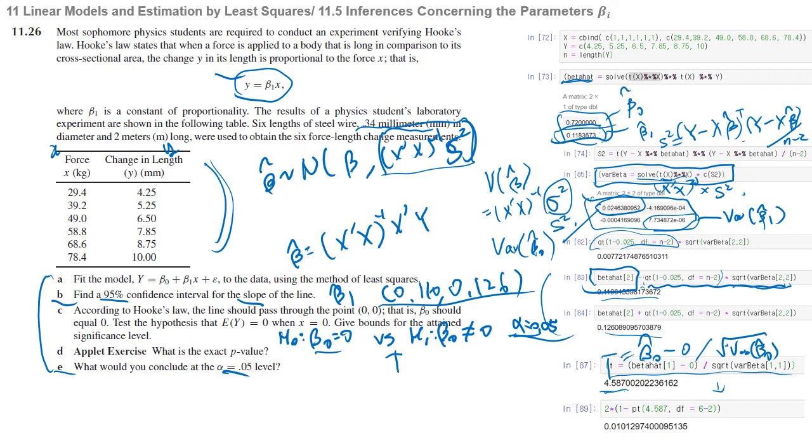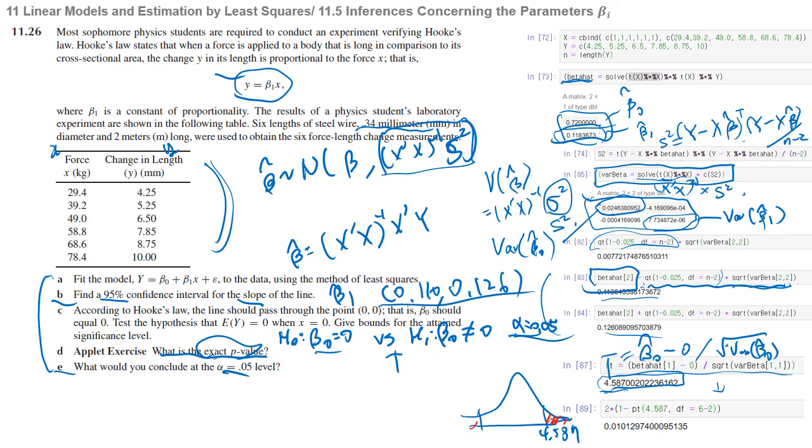Rather than that, I calculated the exact p-value. If you calculated the t-statistic, you can calculate the exact p-value. Here is 4.587, and the p-value is for the two-sided test.